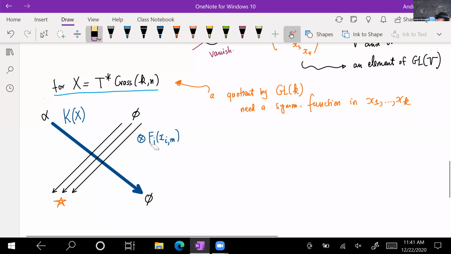So what we're going to do here is take, so this is the evaluation representation for the Grassmannian. There is only one, and so we'll take that c2 of x_i, i goes from 1 to k.